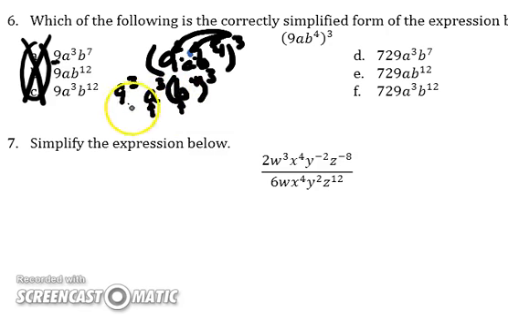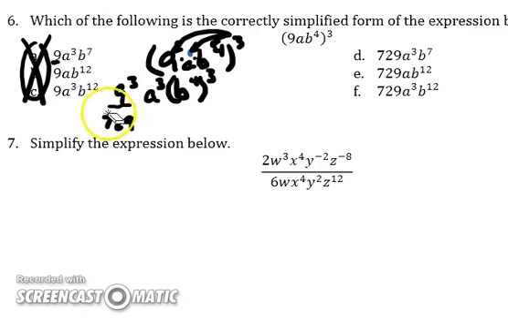We treat them all the same way. A and b are just numbers, just like anything else. We can cube them, we can square them, we can do all sorts of different things with them, just like we can do with any other numbers, like 9 for example. So when we raise 9 to the third power, we get 729. So that's the first part of it.